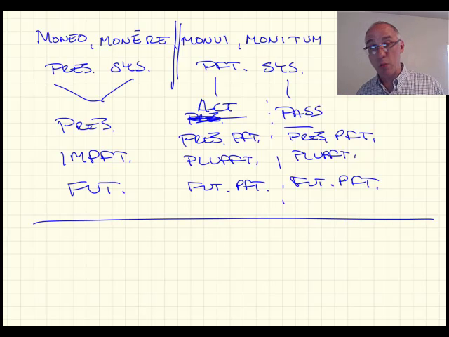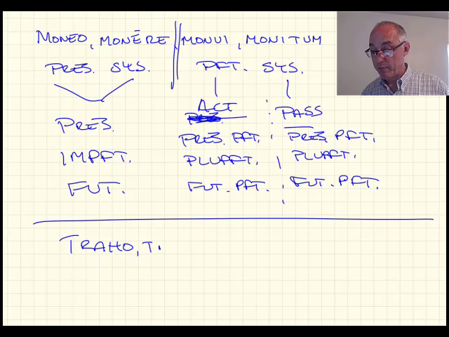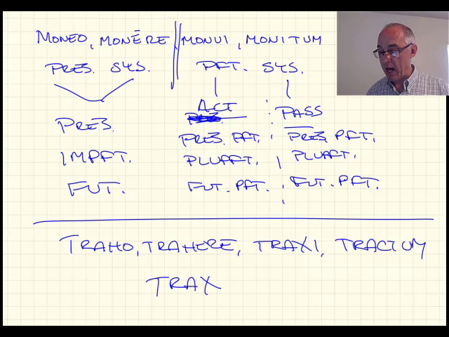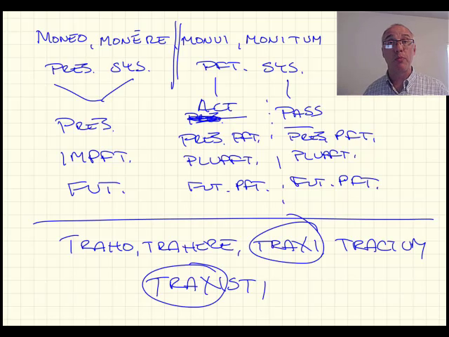For example, let's look at this one. Traho, trahere, traxi, tractum. I don't think you've had this word. Notice, if I were to write T-R-A-X-I-S-T-I, you may not know what it means, but by golly, you know that T-R-A-X comes from the third principal part, so it's a perfect active tense.